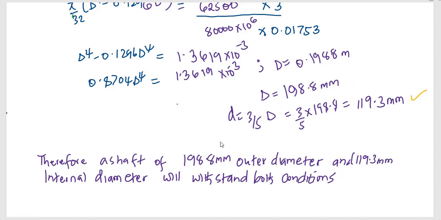Therefore, the shaft that we are going to machine or buy must have an outside diameter of 198.8 millimeters and an internal diameter of 119.3 millimeters, so that it is able to withstand the stresses from both conditions.